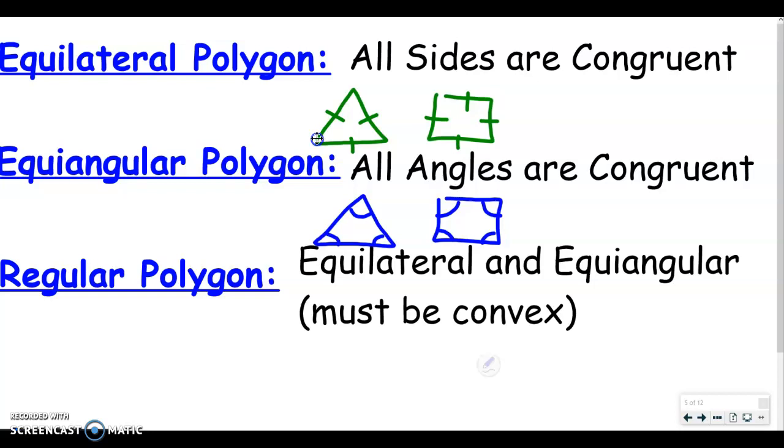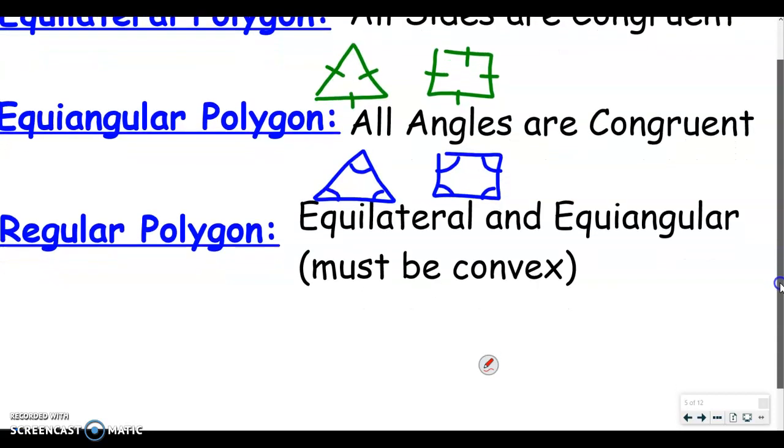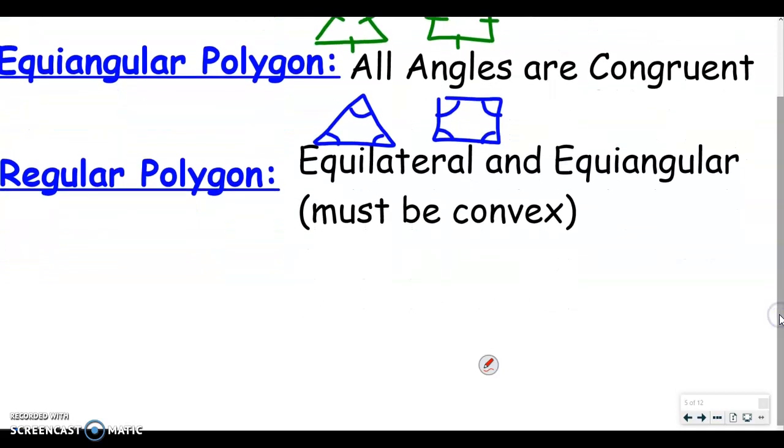A regular polygon is when all sides and all angles are congruent, and it must be convex. If it was concave, the angles would not be congruent, even if the sides were.